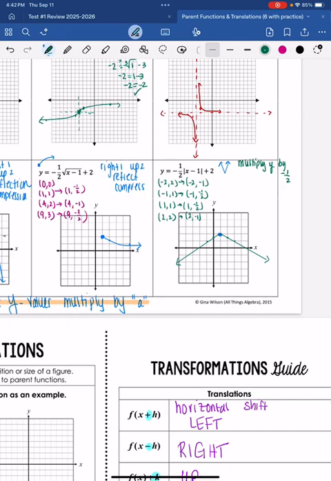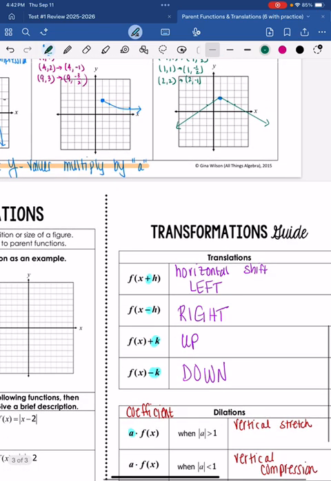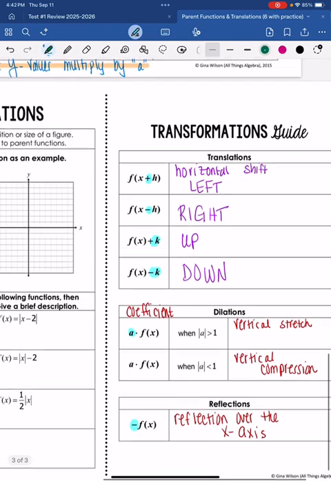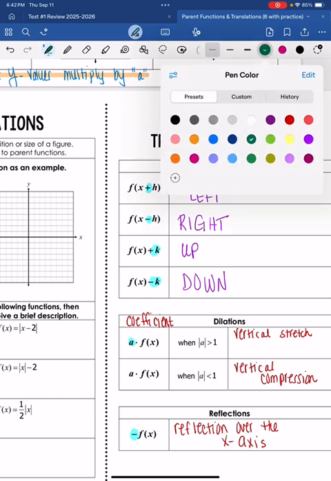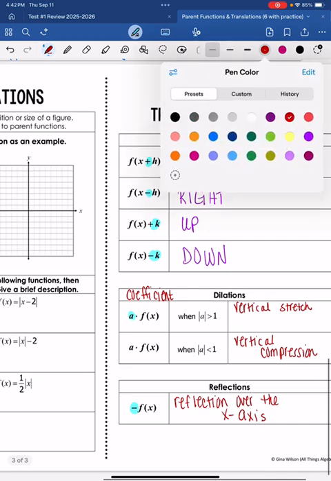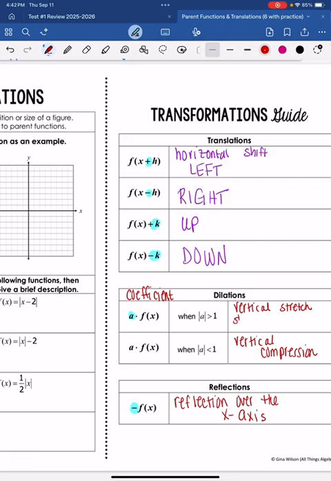Okay. So let's just fill in a few more things here. A vertical stretch, essentially, it's not politically correct. A vertical stretch means the graph is skinnier.